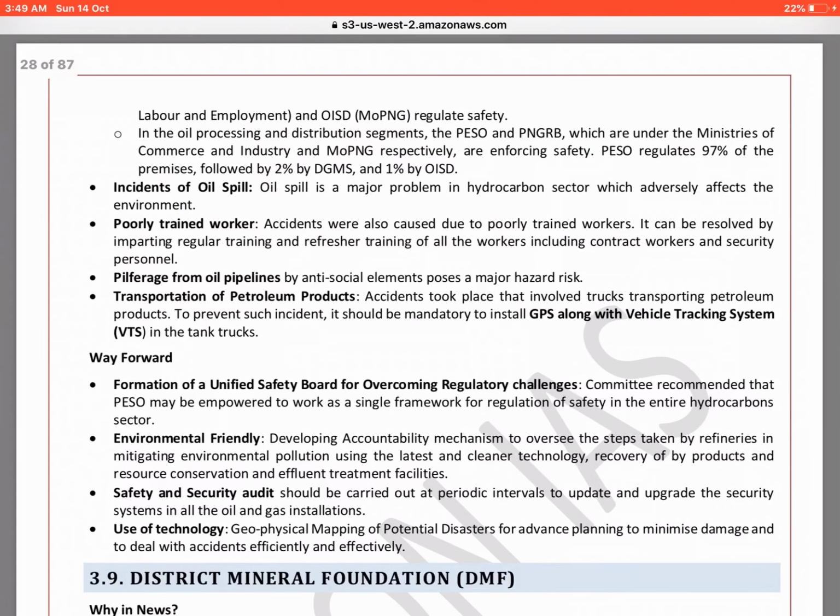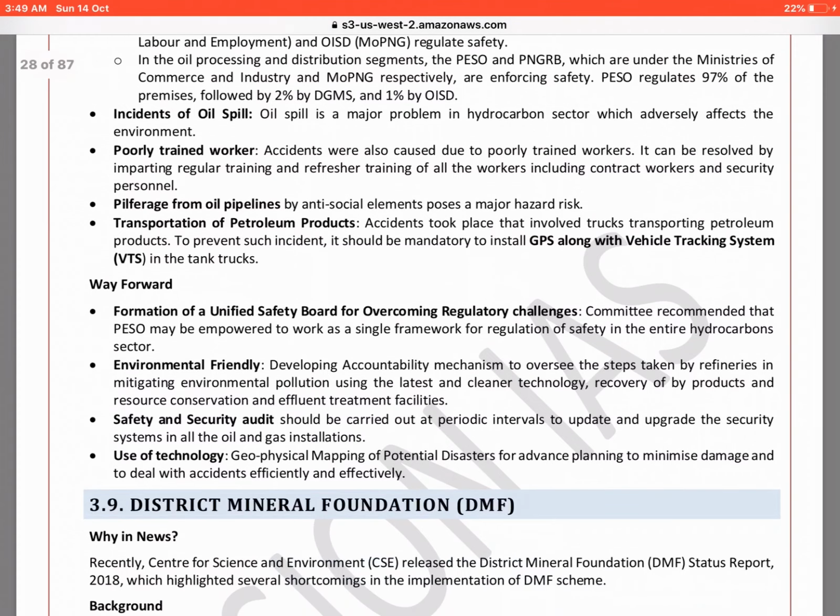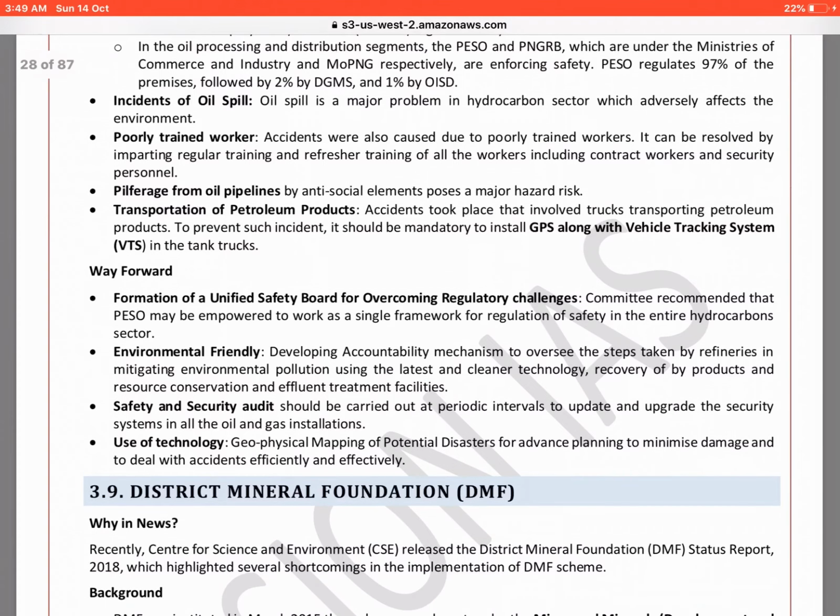So we have incidents of oil spills, poorly trained workers, and pilferage of oil pipelines. Some antisocial elements pilfer oil pipelines so that a major hazard happens.